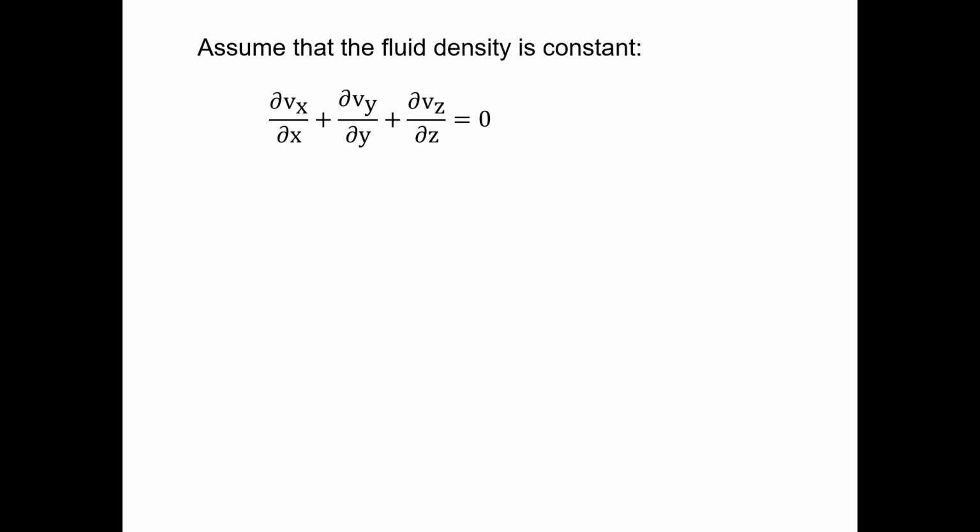So assuming that the fluid density is a constant, we can pull it out of the derivative, and now we're simply left with the first derivative of the velocity in the x direction plus the derivative in the y direction plus the derivative in the z direction equals 0. Okay, now remember this Vx, Vy, and Vz, this is the Darcy velocity.